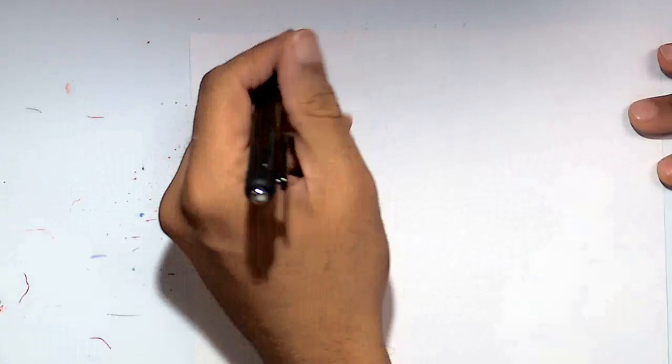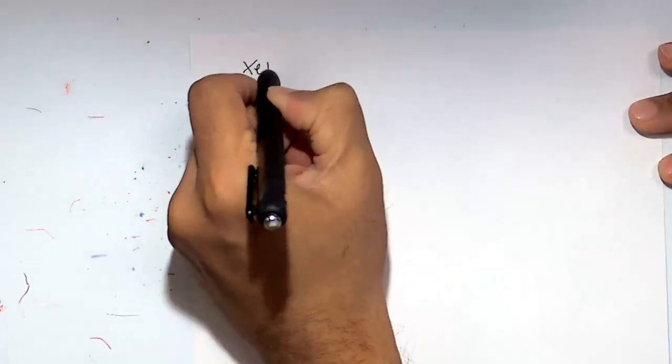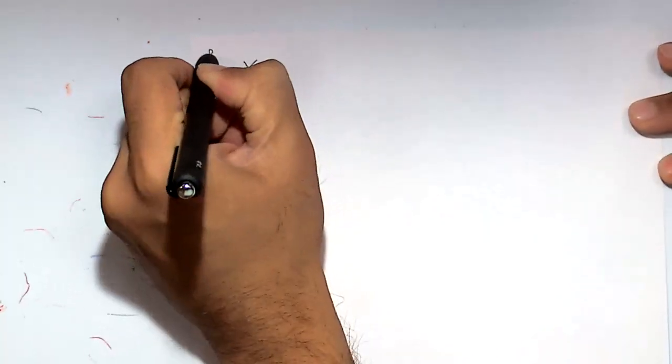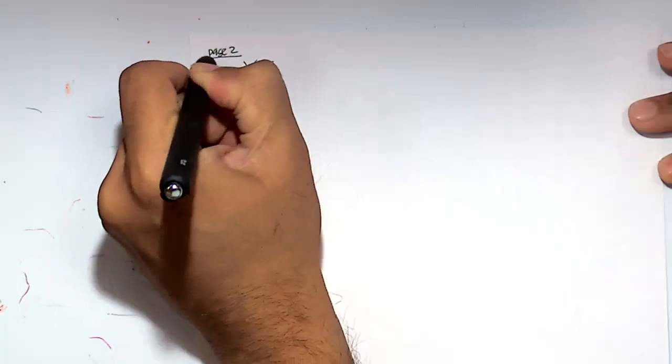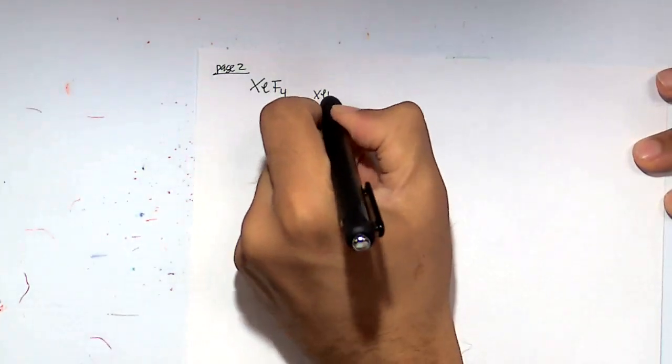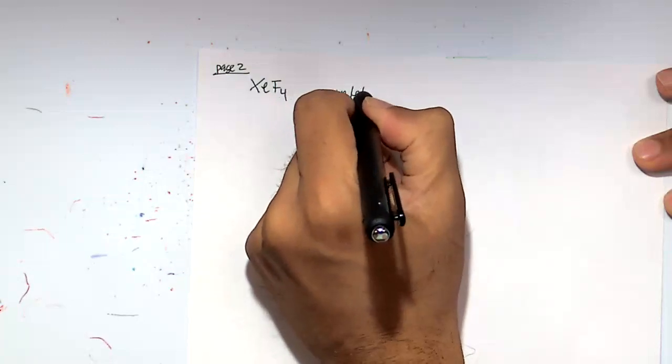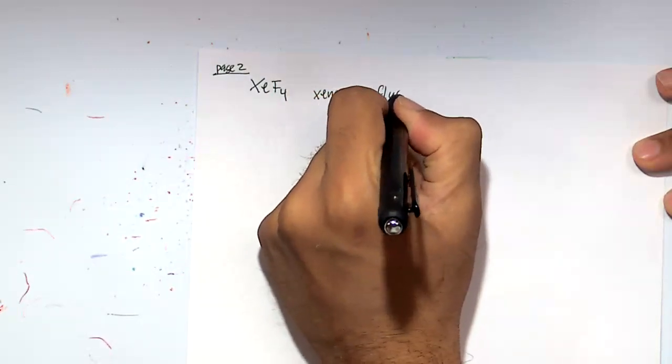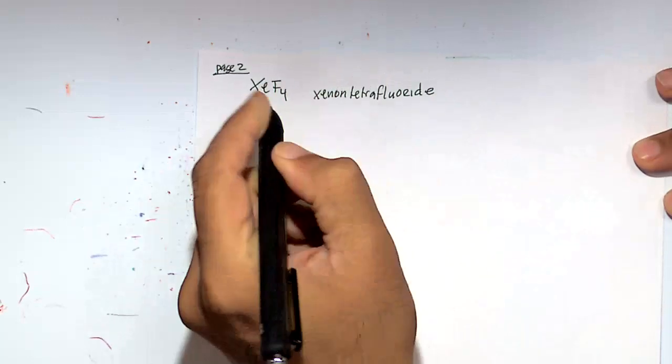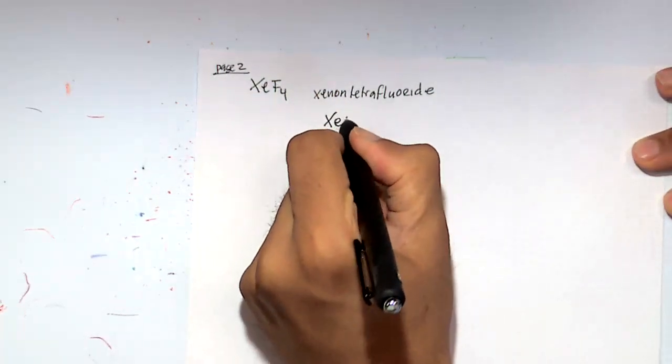Example number 2 here is xenon tetrafluoride. So what is xenon happy at?